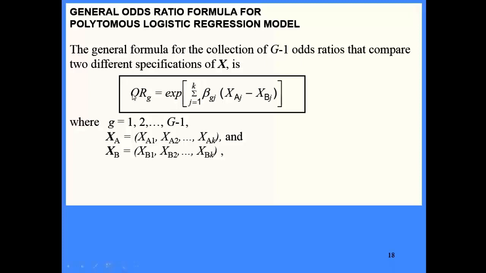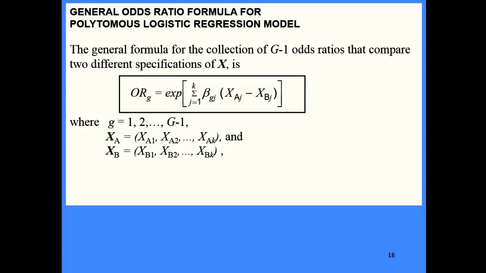Now, if you think about it a little bit, you notice that this part of the formula says XAJ minus XBJ. And the J is the jth X, whatever the X's are in the model. And A and B have to do with the two, if you're going to get an odds ratio, what do you have to do? You have to compare, remember X star versus X?